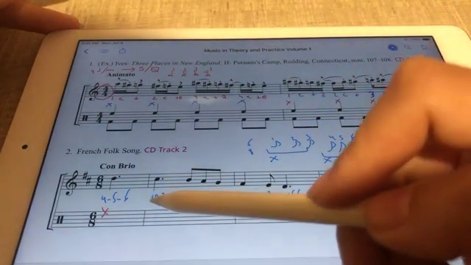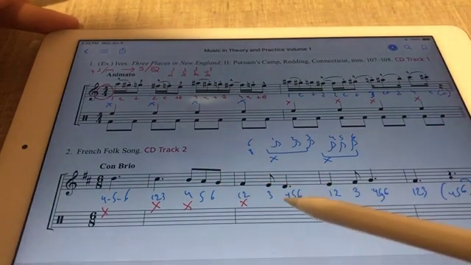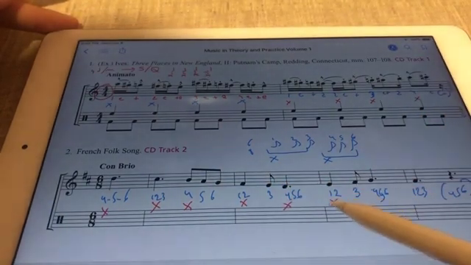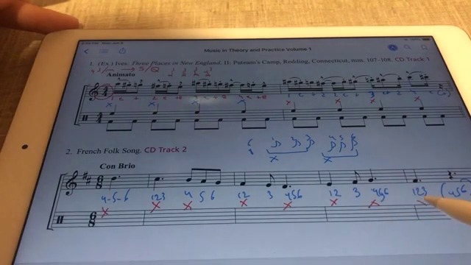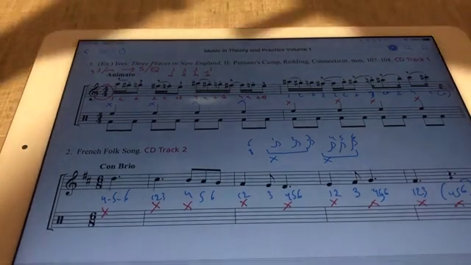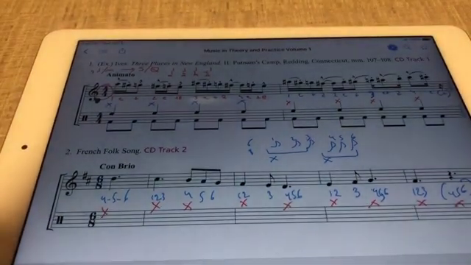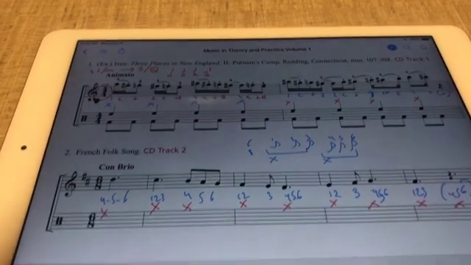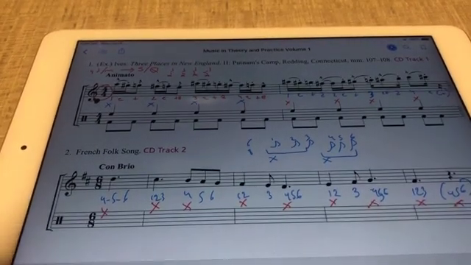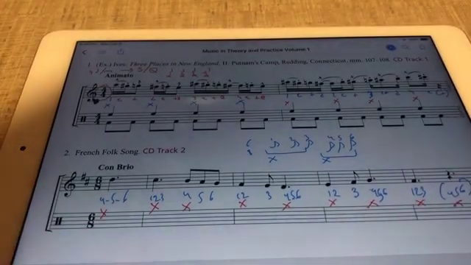So 4, 1, 4, here. 4, 1, 4, 1. And even if it's a rest, it takes a pulse, right? So here you have 4, 5, 6, 1, 2, 3, 4, 5, 6, 1, 2, 3, 4, 5, 6. Okay?